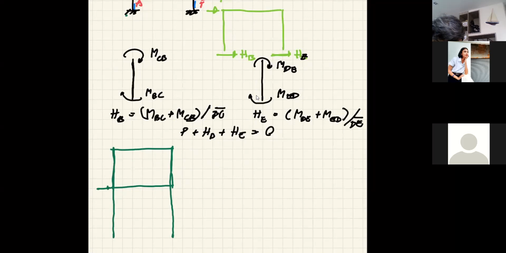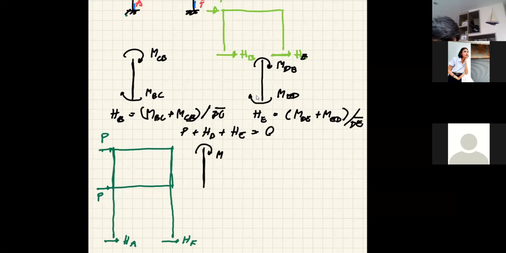So you have P, and you have P, and you have this time HA and HF. Even though the base shear of the structure must be equal to the total horizontal load, your equation will always come from the free body of member AB.